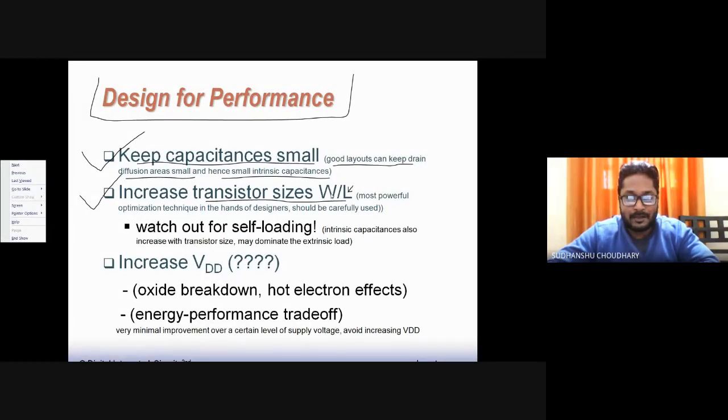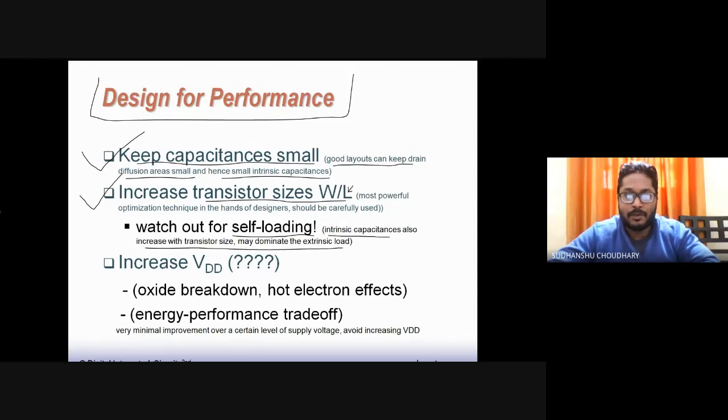When you increase W, we had seen that the resistance of the MOSFET can be brought down. But with the reduction in resistance, you will also see that the internal capacitance of the MOSFET goes up. So you have to keep an optimum width of your MOSFET, where this self-loading effect, that is the MOSFET loading itself because the intrinsic capacitance is now greater than the load capacitance, does not occur. That scenario can happen if W is kept very large.